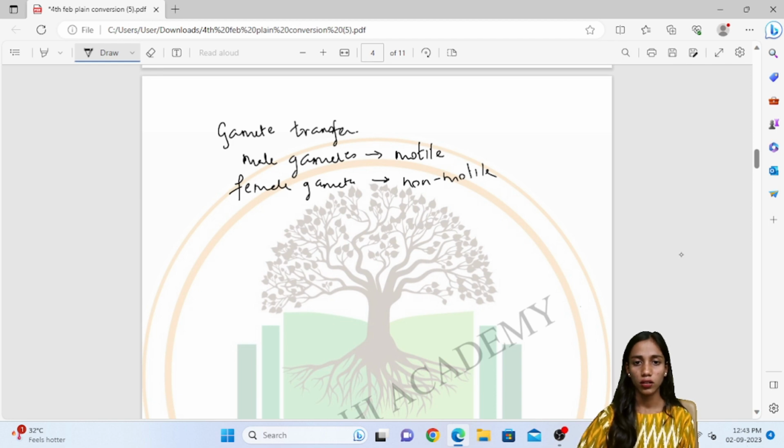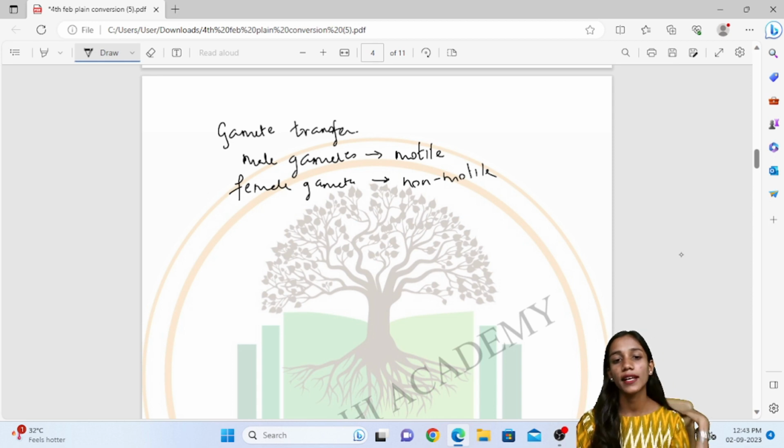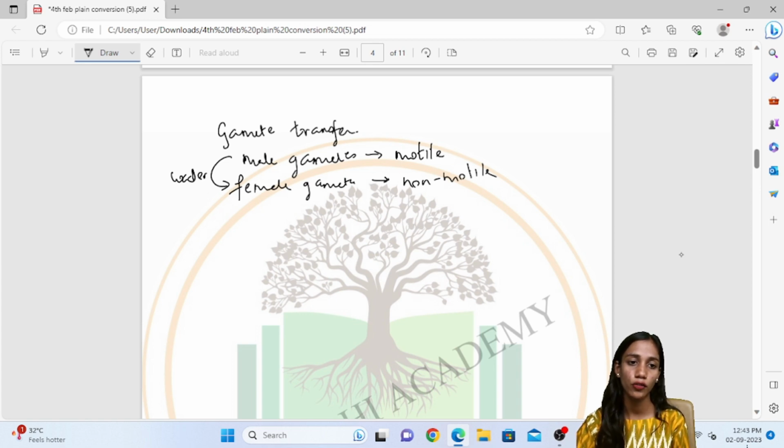Especially in algae, pteridophytes and bryophytes, the male gamete is motile, so it moves through water and reaches the female gamete. The medium of transport is water.